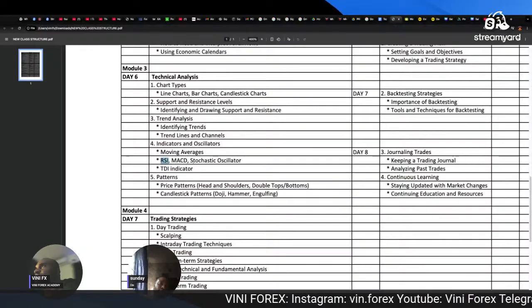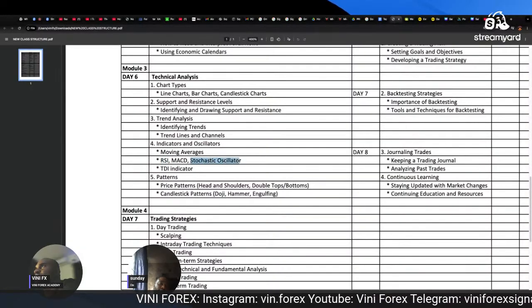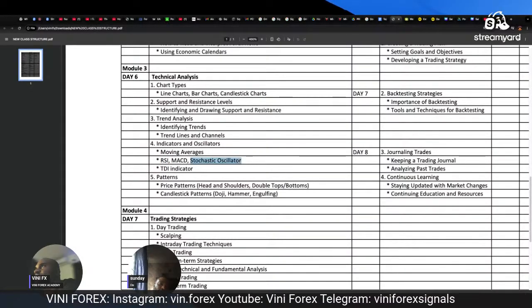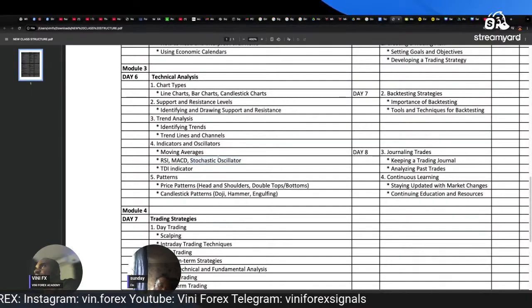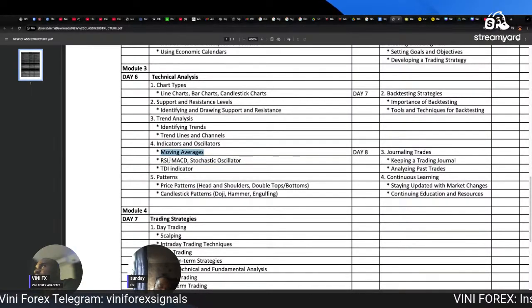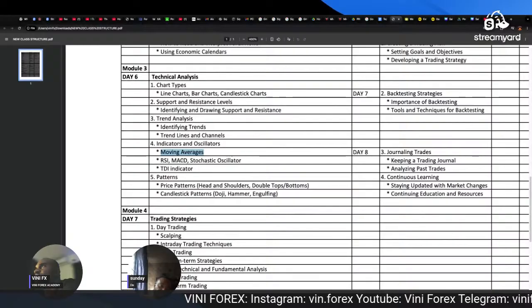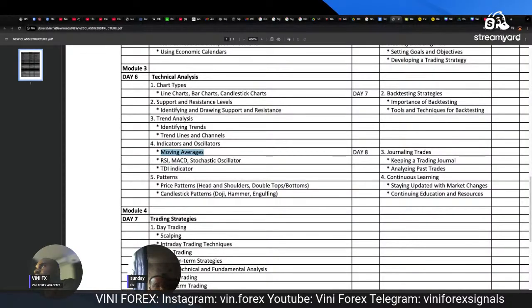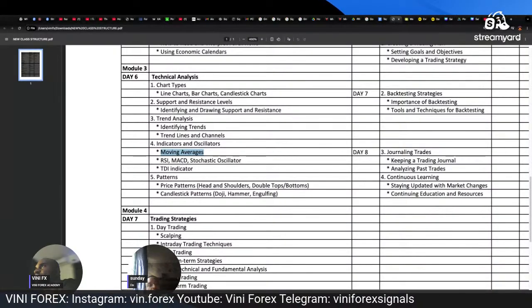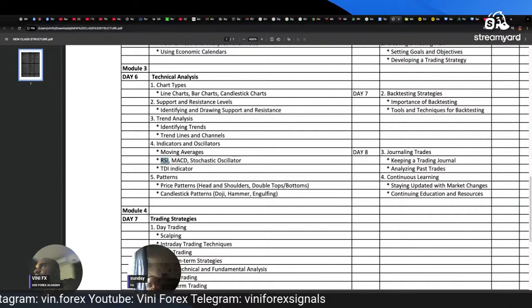So RSI and this stochastic oscillator work almost the same. But the moving average is much more popular. RSI is very popular, but it's just for beginner traders. Then with TDI, convergence divergence happens in the market, and sometimes you can realize that from RSI.